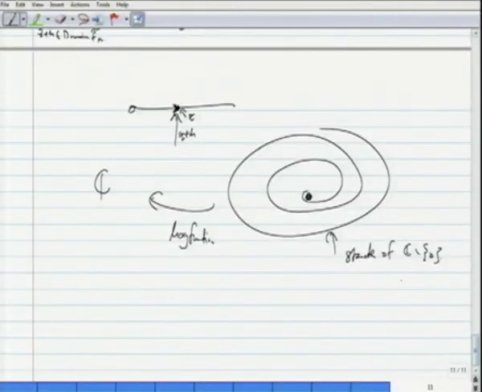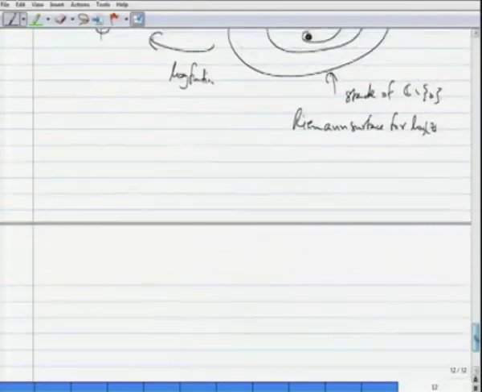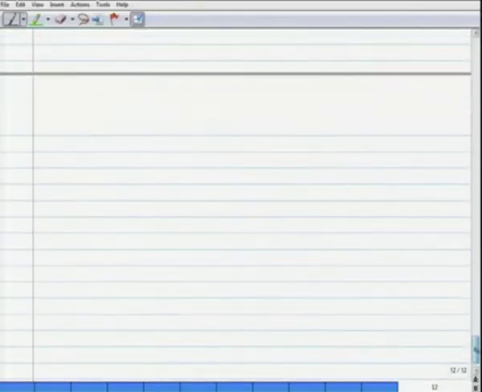So, this stack of C minus zeros is called a Riemann surface for log z. Okay. So, that is about the logarithm multifunction.